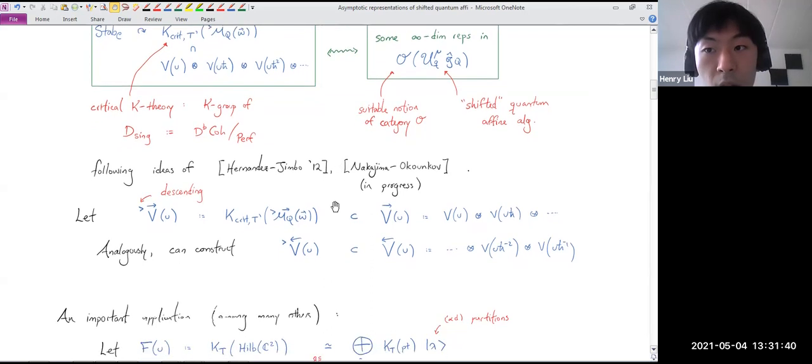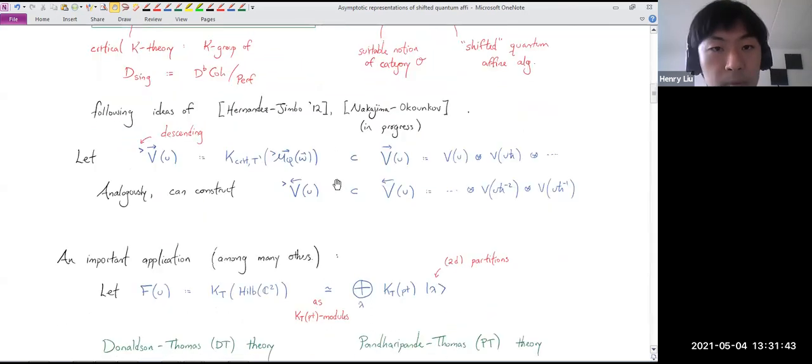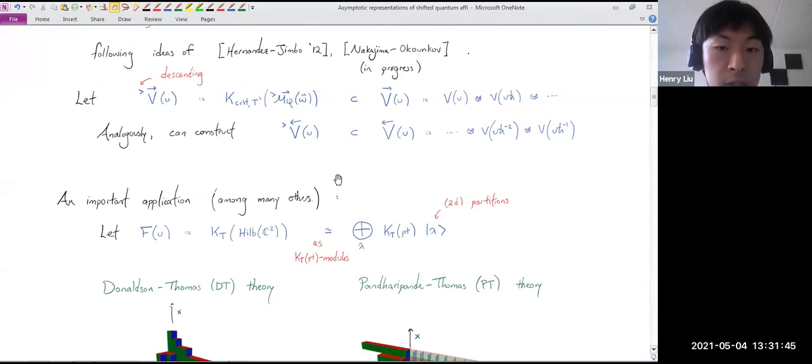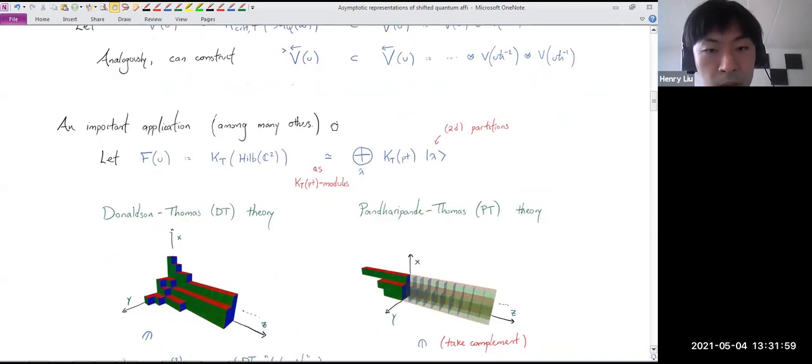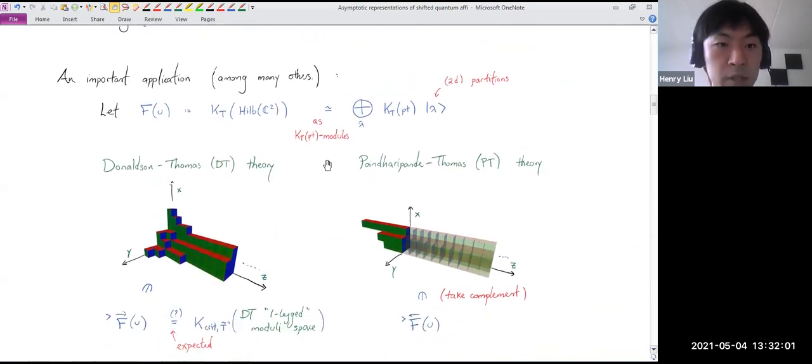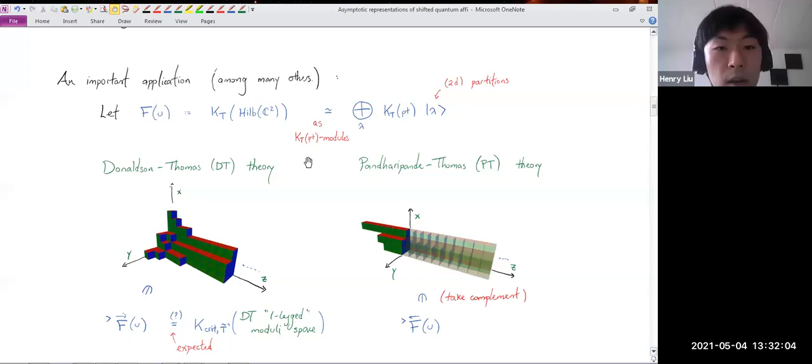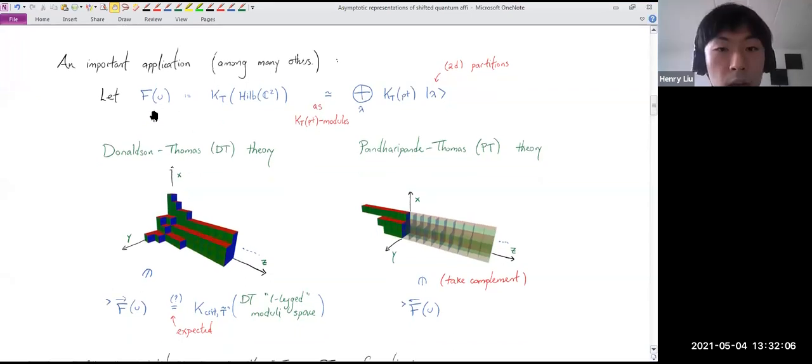And so now let me talk about an application of all this to enumerative geometry, which at least for me was the initial motivation for studying these representations of shifted quantum affine algebras. Okay, so what's the enumerative application? First let me fix a very special representation. It will be the equivariant K theory of the Hilbert scheme of points on C2.